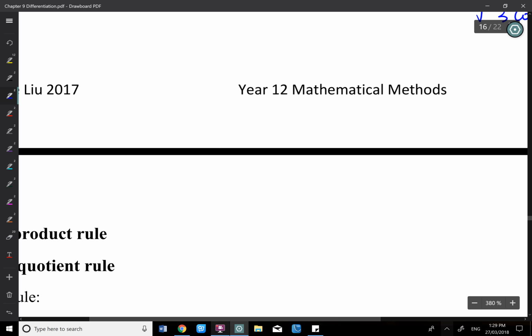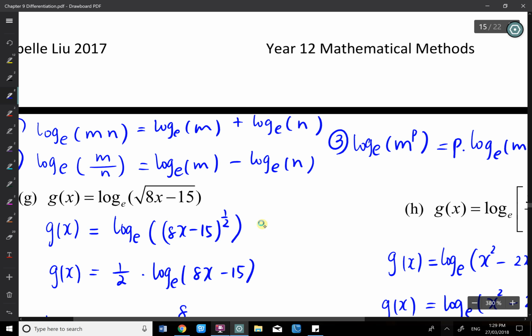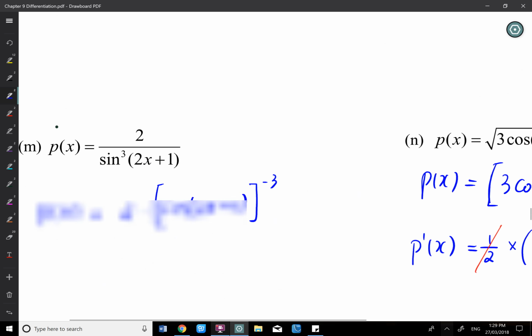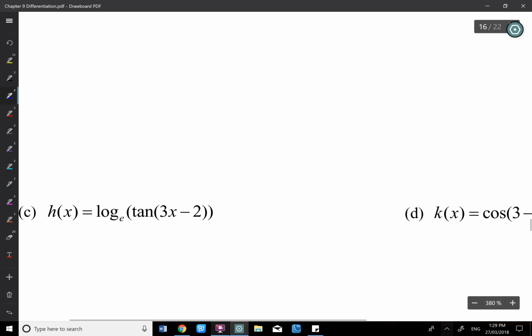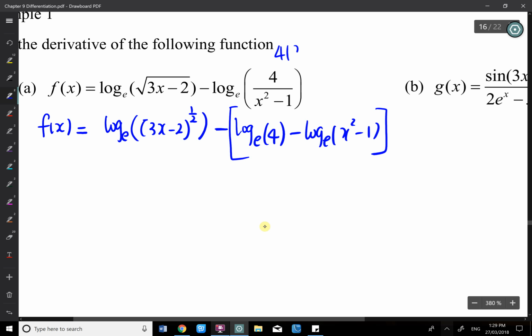So use the formula we have talked about here: log e of m over n is log e m minus log e n, so we subtract it. Again, why do we subtract it? If we don't subtract it, I can put that as 4 times x squared minus 1 to the power of negative 1, and I need to derive it using chain rule again.